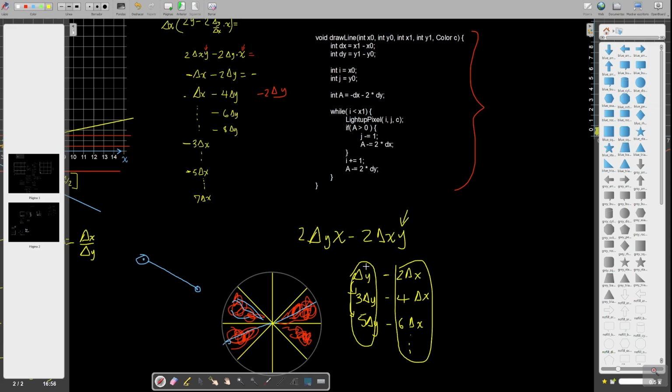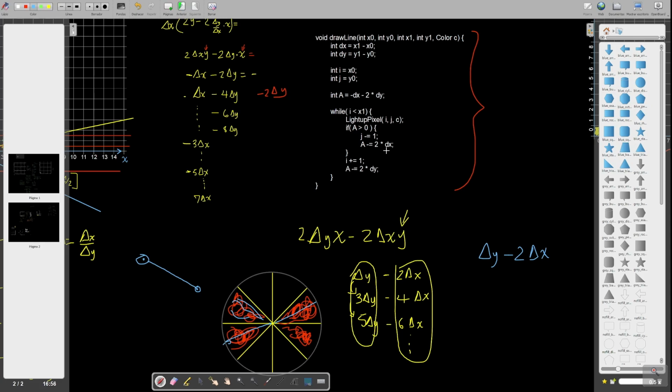So my first point is now this one, delta y minus twice delta x. And if you continue doing the analysis, you're just going to be applying the same logic, the same algorithm, but all of the x and y's are going to be interchanging.